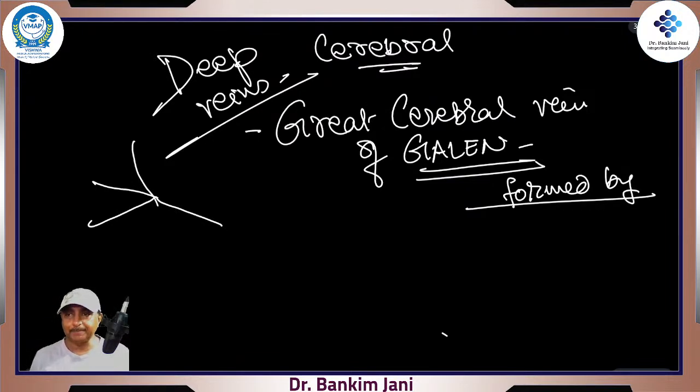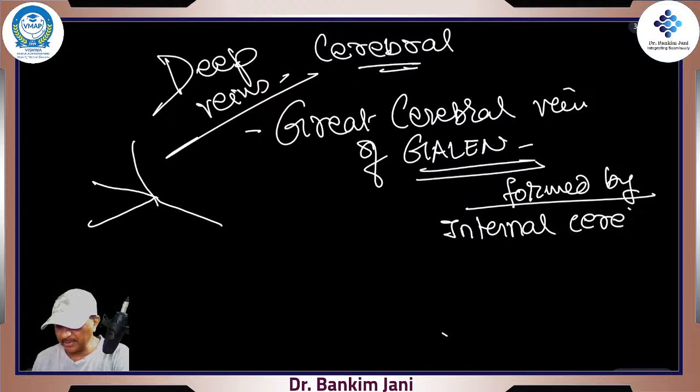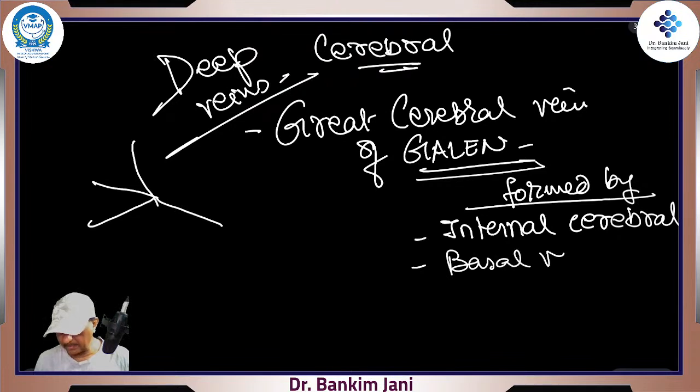So formed by one, it's called the internal cerebral. There is one vein which is called the basal vein of Rosenthal, but we just say basal vein, and obviously the superior cerebellar vein.